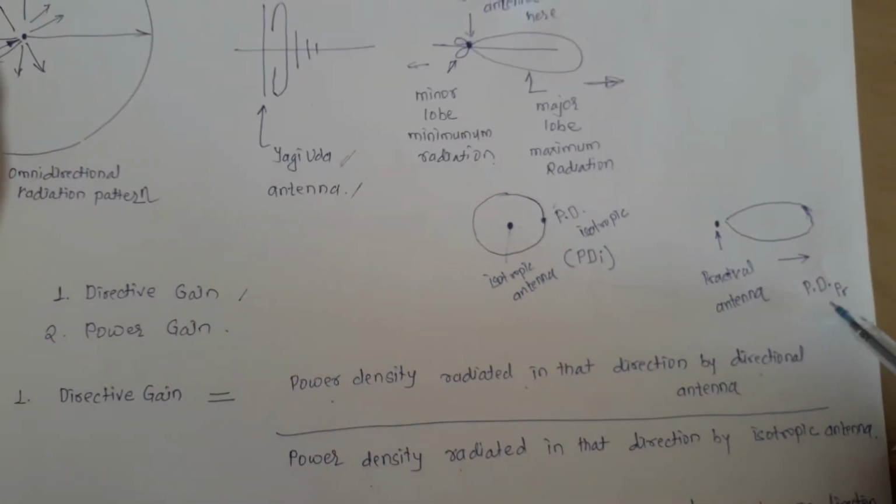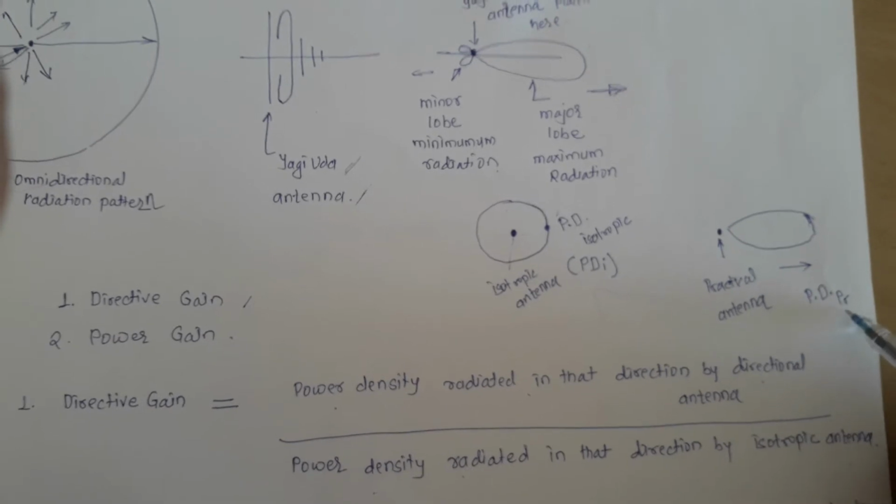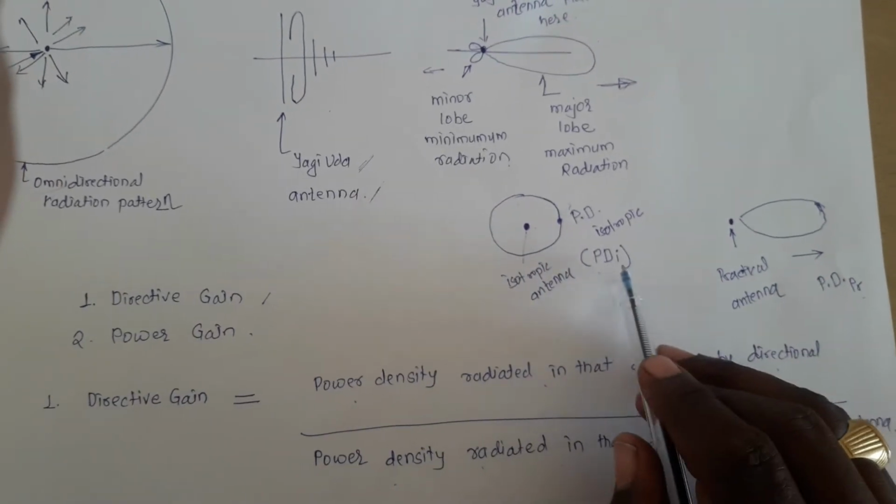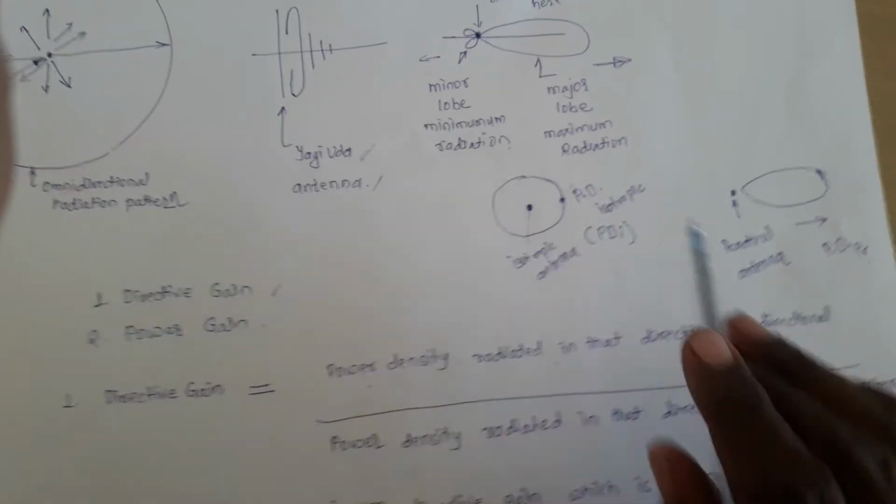So PDP is the power density transmitted by the practical antenna, and PDI is the power density transmitted by the isotropic antenna.